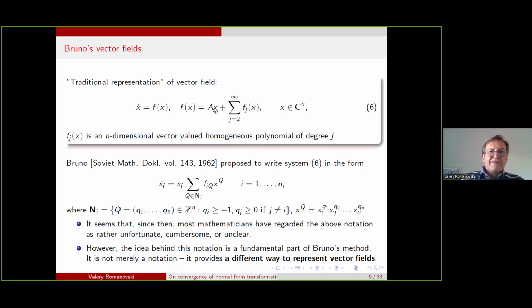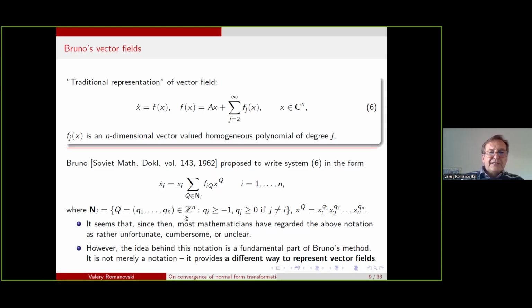So it means that you take this system, but you factor out x1 from the first equation, you factor out x2 from the second equation, x3 from the third equation, and so on. And then you take only one xq, where xq is just this one. And Ni is important. Ni is here the set. It's a very important set.